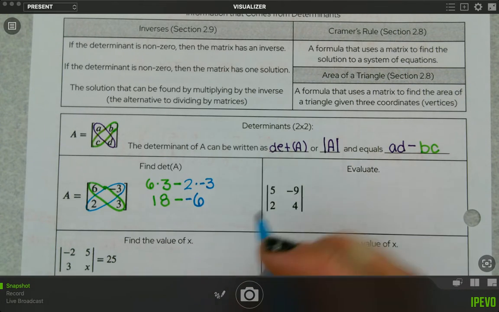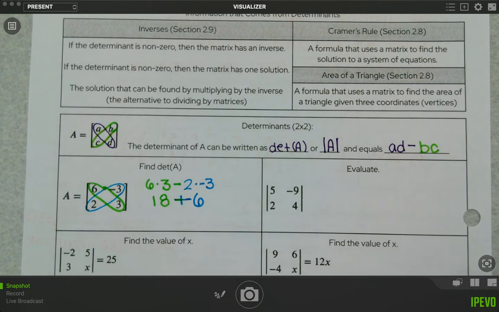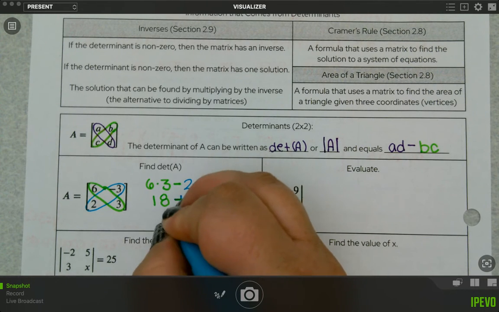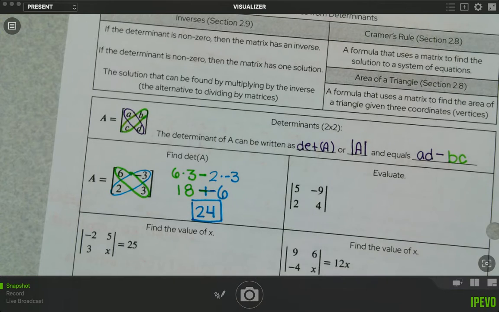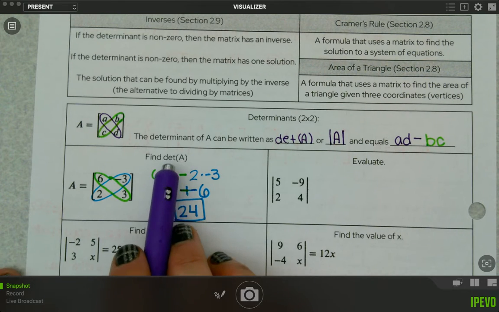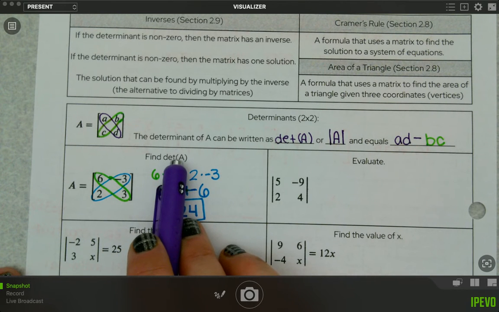Well, that turns into 18 plus 6, which is 24. So the determinant of this matrix is 24. The determinant is a value, meaning it should be a number. It could technically be a decimal if you saw decimals inside of the matrix, but for the most part, it'll be a whole number.